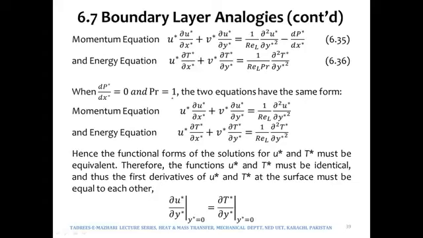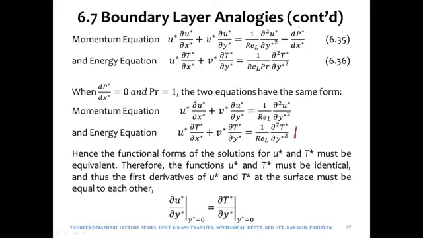But if the Prandtl number is 1, then the Prandtl number will not exist in equation 6-36. So equation 6-36 will then be written as 1 over Reynolds number times the second derivative of T with y.